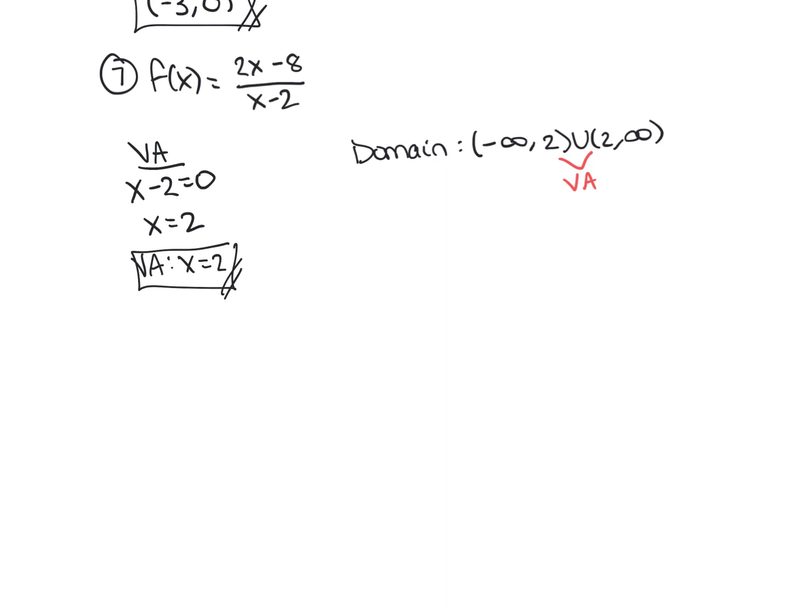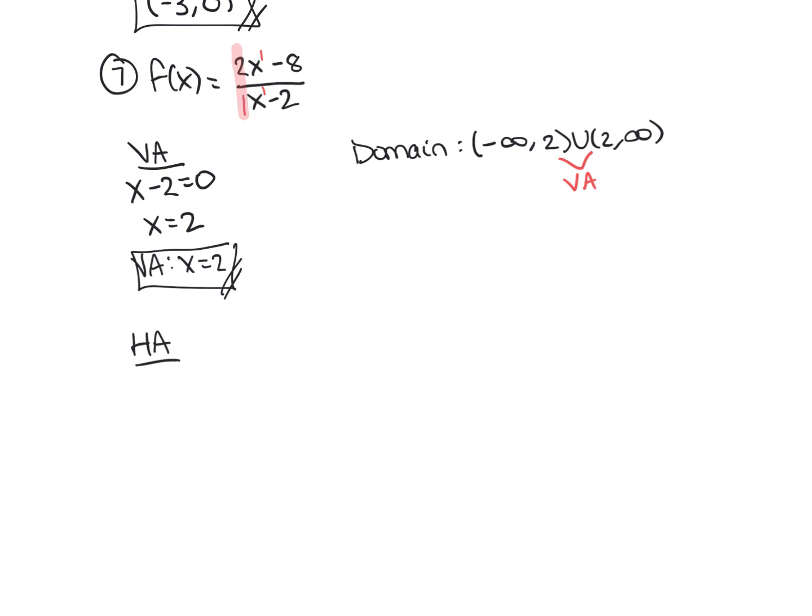For our horizontal asymptote, we are going to take a look at the degree of our numerator and the degree of our denominator. The degree of our numerator is 1, and the degree of our denominator is 1. So since the degree of the numerator is the same as the degree of the denominator, I'm going to take a look out in front, and I see that we have a 2 over, it doesn't really say anything, so I'm going to say it's 2 over 1.